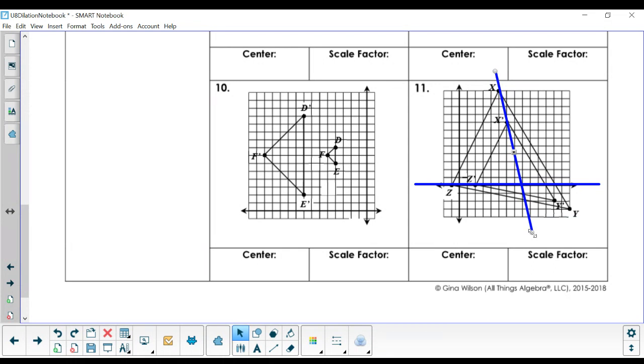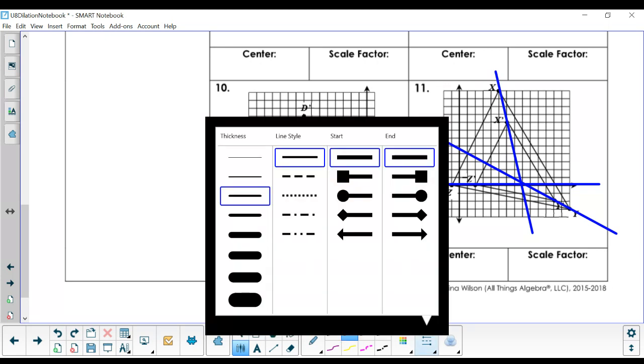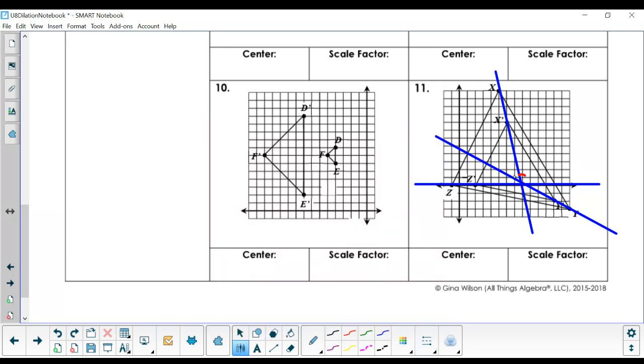And we need to go through our Y's now. From Y, all the way through there. And now we have our center of dilation. So we can see here that this right here is our center of dilation.